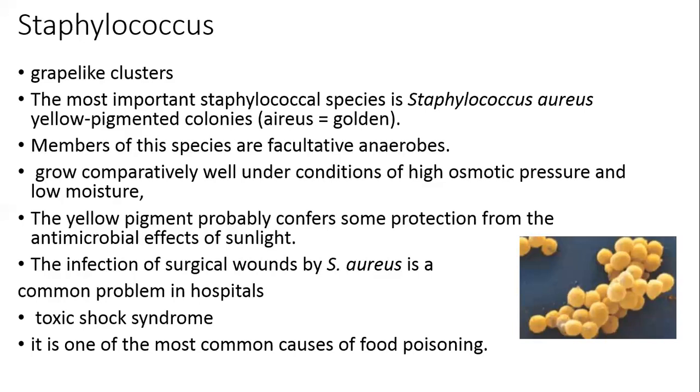The viable cells do not display the pathogenicity because they are killed in your stomach, but the toxin is capable of causing damage to your gut, and it results in food poisoning.